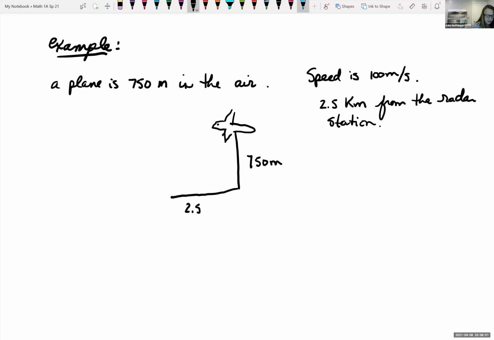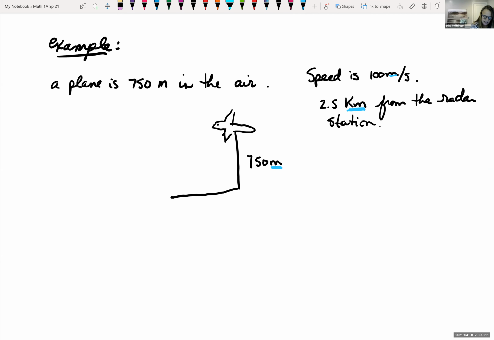We have a problem here because this is in meters and this is in kilometers. And so we want them to be in the same units, and this is meters per second. So we want to change this 2.5 kilometers, and that kilo means 1,000.